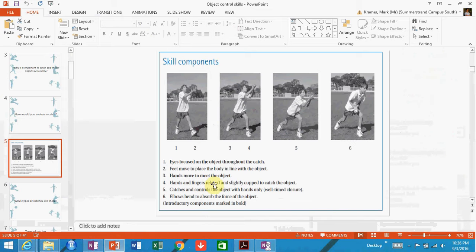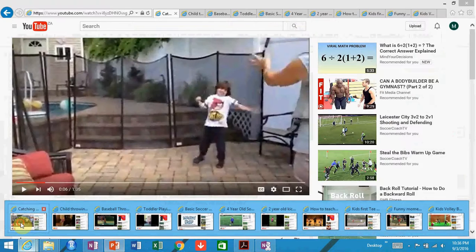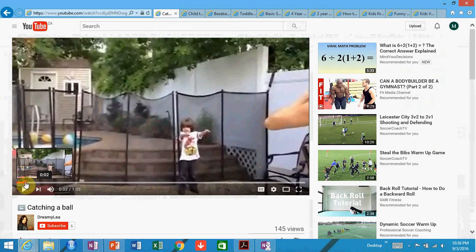Hands and fingers are relaxed and slightly cupped to catch the object. Catches and controls the object with hands only. Elbows bend to absorb force. So let's have a look at that again.